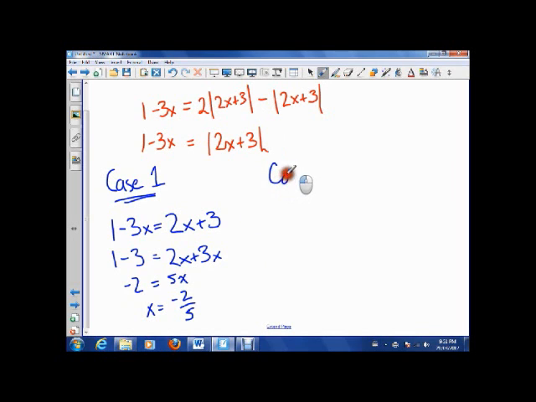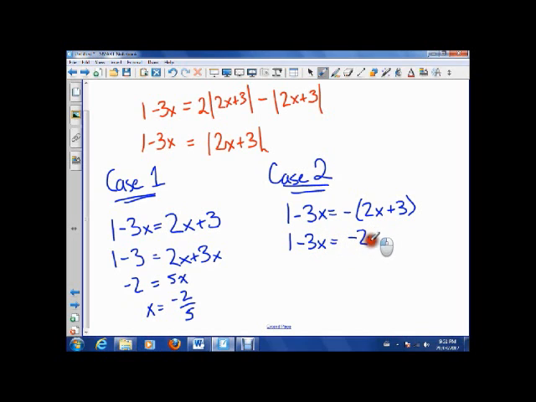So now let's do case 2. Okay, so we're going to have 1 minus 3x is equal to, now instead of 2x plus 3, I'm going to have negative 2x plus 3, right? So that's that other half of the branch. Okay, so I'm just going to simplify this a little. So that's negative 2x minus 3. Now I'm going to take the 3 over here just like I did the other time.